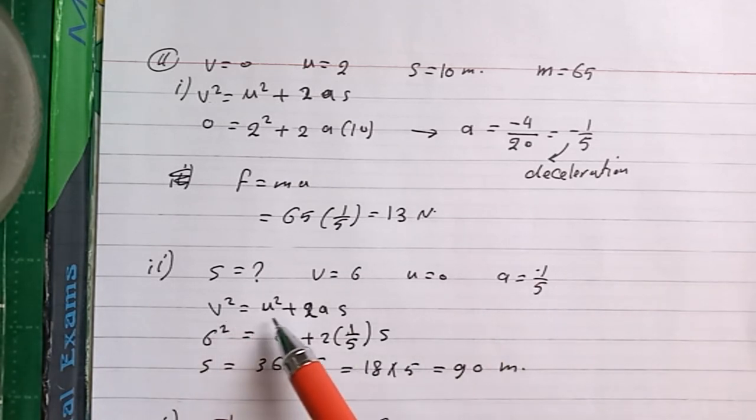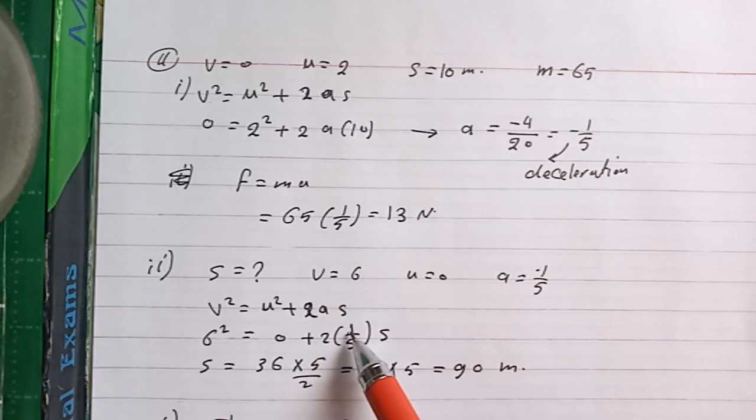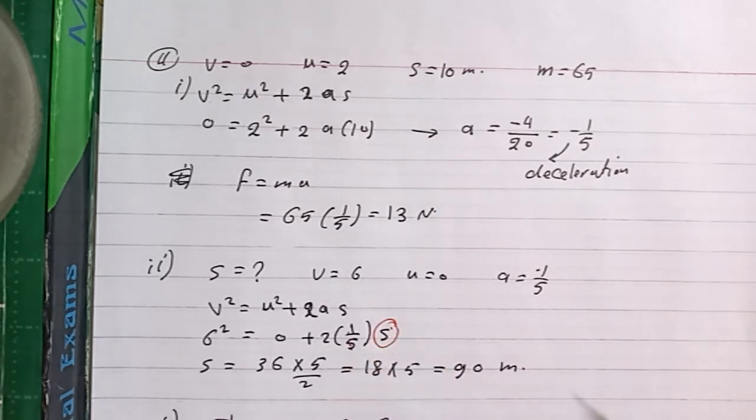V squared equals u squared plus 2as. Substitute the v by 6 squared, u by 0, and the same acceleration, so you can get the s. This s is required. So s equals 36 times 5/2, which is 90 meters.